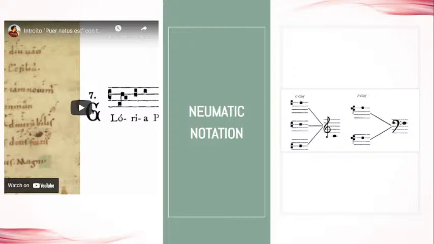So he said, okay, we need notation. So he spread the word, we need notation. And there was a monk called Guido d'Arezzo that lived in the north of Italy, in Tuscany, that came up with this brilliant system, because we have never changed this ever again, even today. The only thing that we added is an extra line.